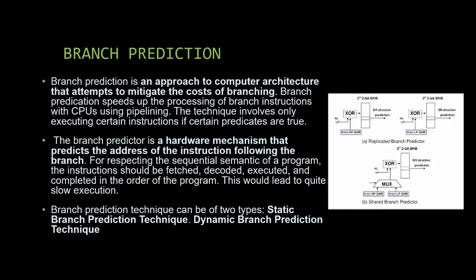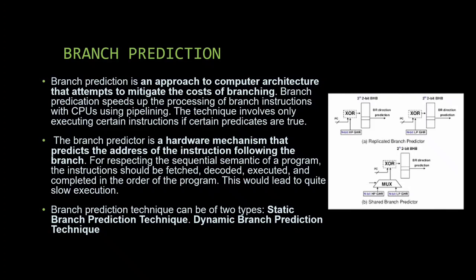The branch predictor is a hardware mechanism that predicts the address of the instruction following the branch. For respecting the sequential semantic of a program, the instructions should be fetched, decoded, executed, and completed in order of the program. This would lead to quite slow execution.